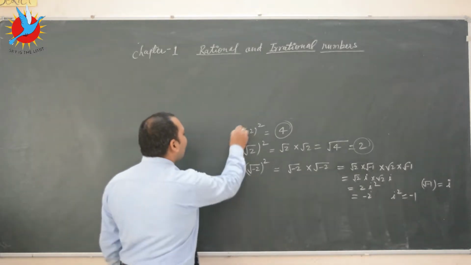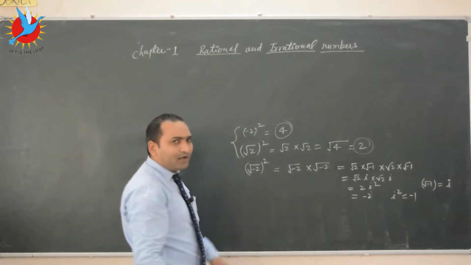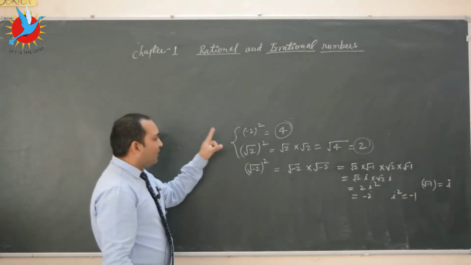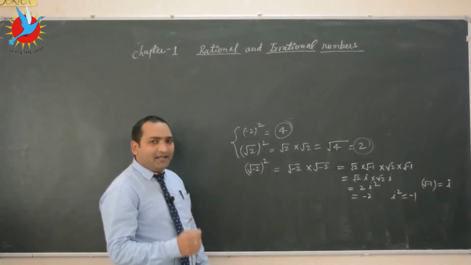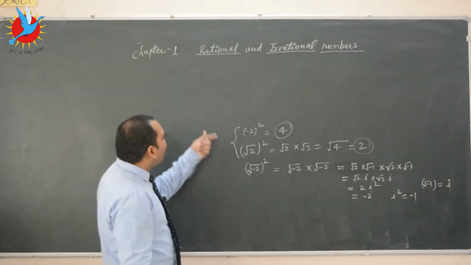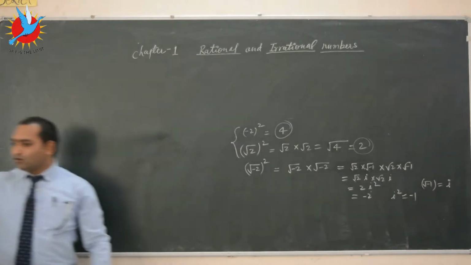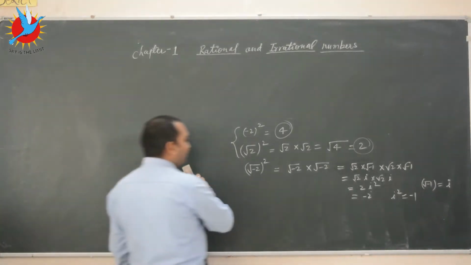So we only learn about real numbers, which are either rational or irrational. We learn about rational and irrational numbers today. So see, what is a rational number?